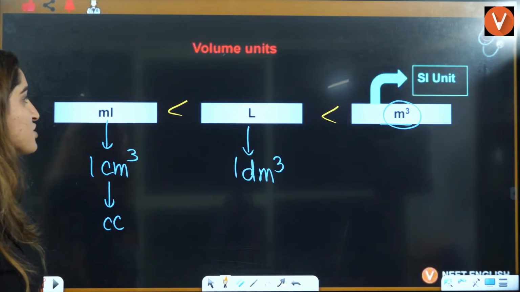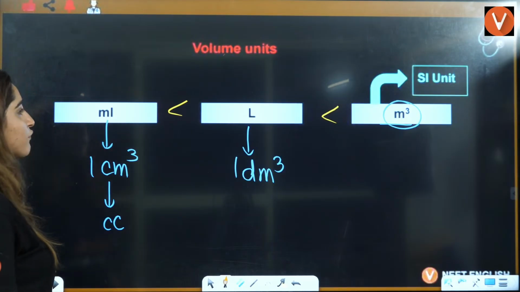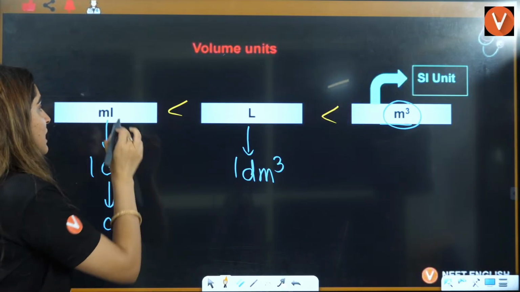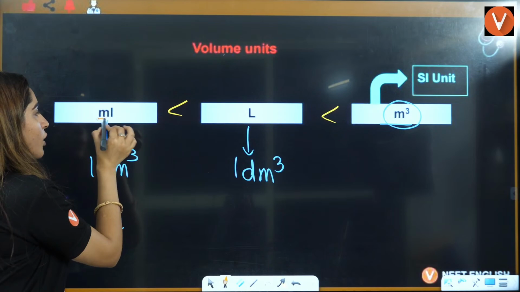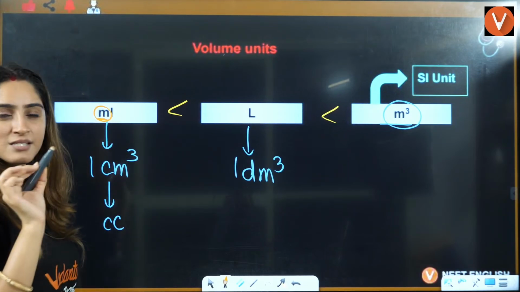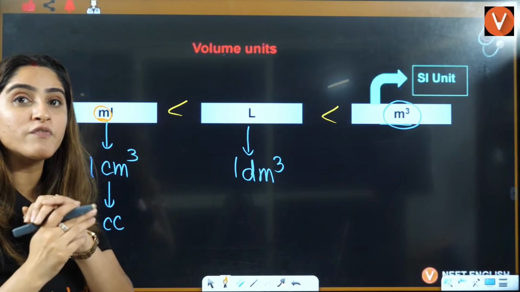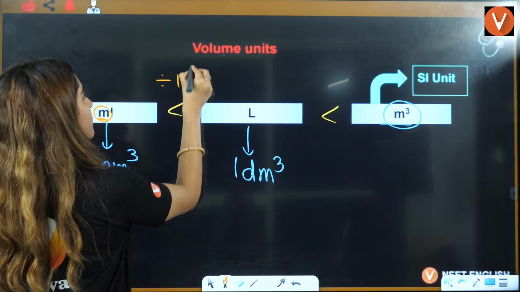Conversions become a very, very important part here. Now, this is liter, this is milliliter. Liter to milliliter, milli is 10 raised to 3. Smaller to larger will be divided by 10 raised to 3.